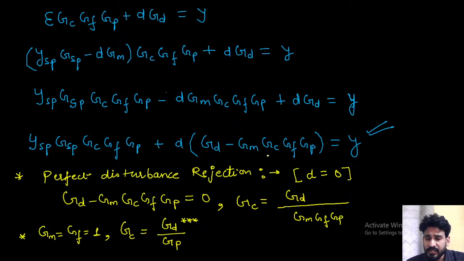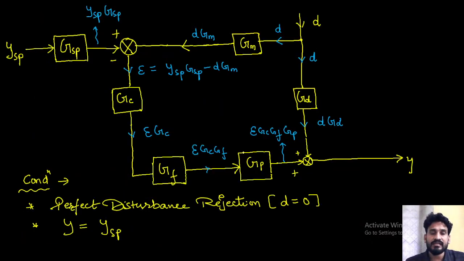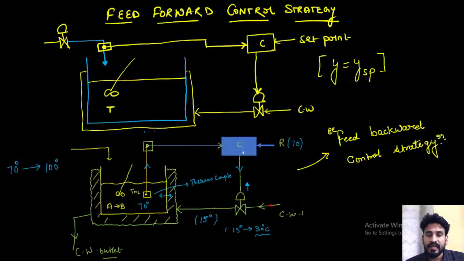So in what scenario? Perfect disturbance rejection means that in this process my disturbance should not enter. What is this? This is my controller, or you can say my feed forward controller. This feed forward controller is basically rejecting this disturbance.